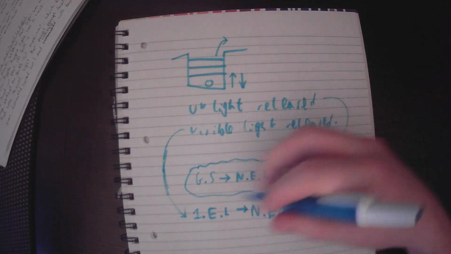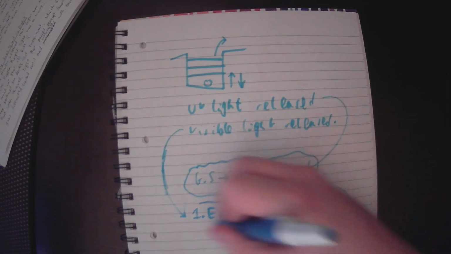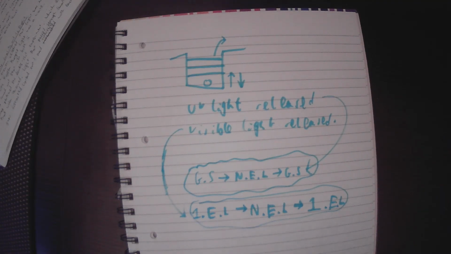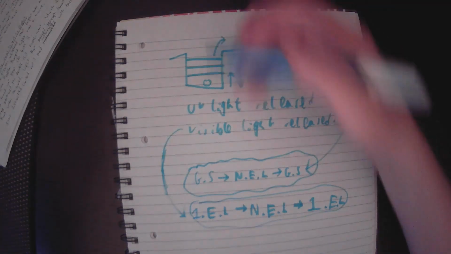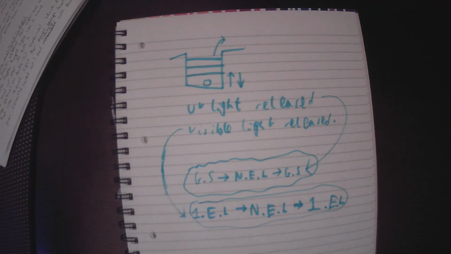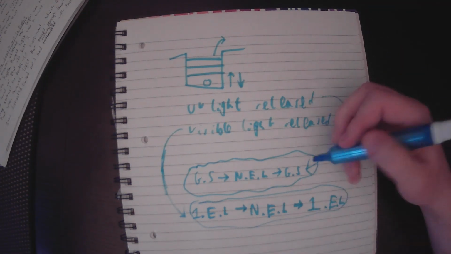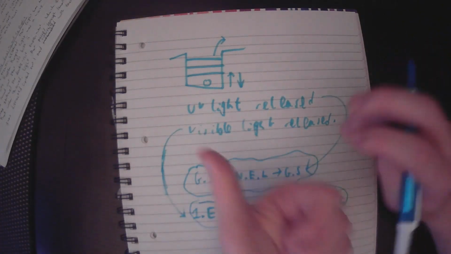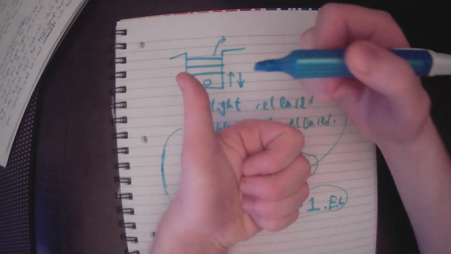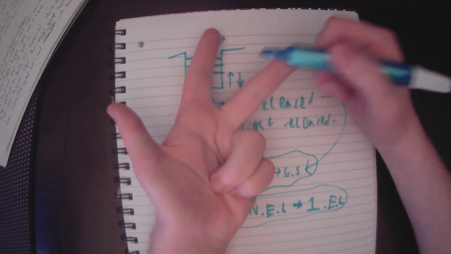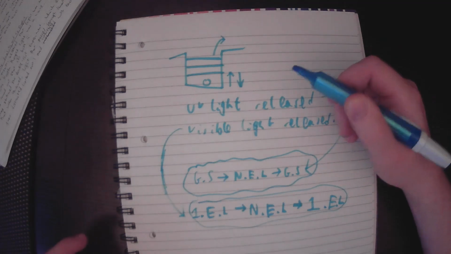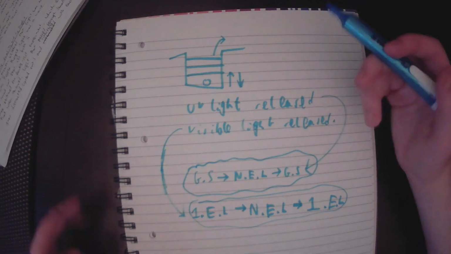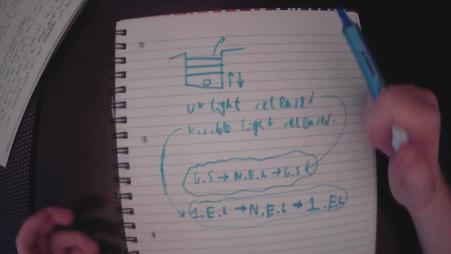The same applies at the bottom when visible light is released, when it goes from 1 to 2 or 1 to 3 and back. So in the first example, where we count on our fingers 0 to 1, 0 to 2, and 0 to 3, there are 3 wavelengths. Now, this isn't an actual real example. This is just an example that I'm bringing up for ease. It might be a real example, I don't know.